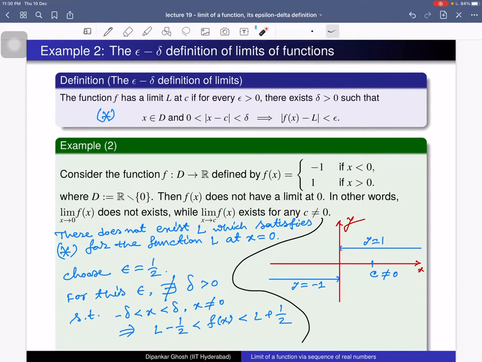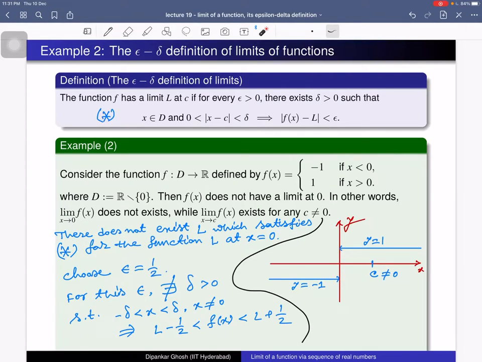In this case I claim that f of x does not have a limit at x equal to 0, or in other words the limit as x tends to 0 of f of x does not exist. The limit of f of x at x equal to c exists for any point c not equal to 0. Let's first consider this point x equal to 0.